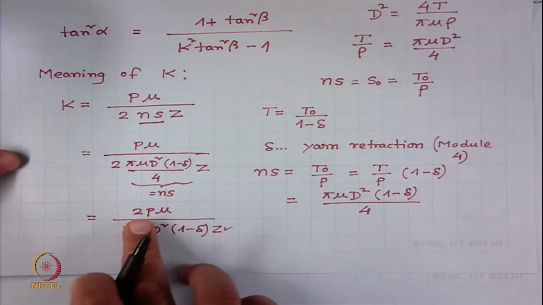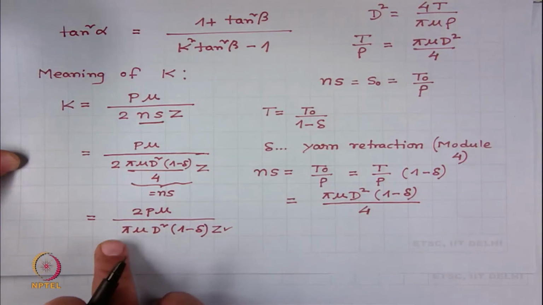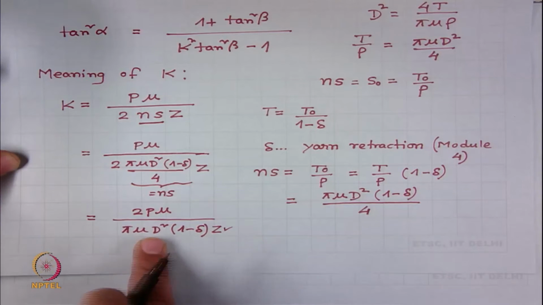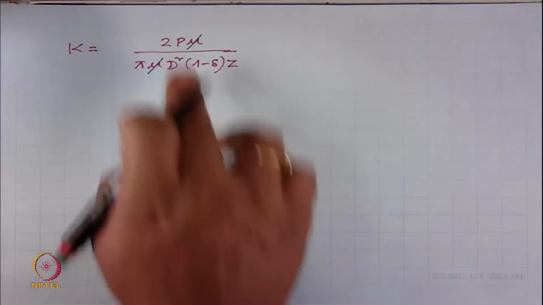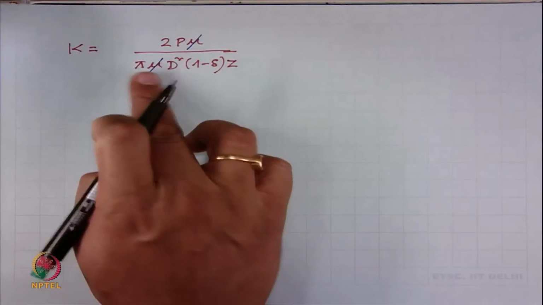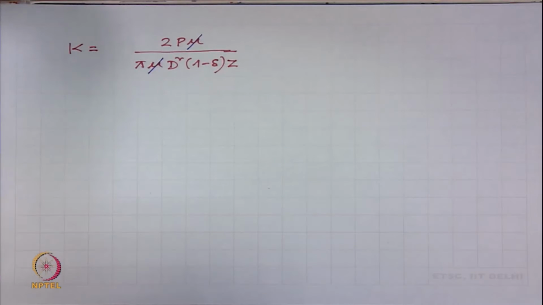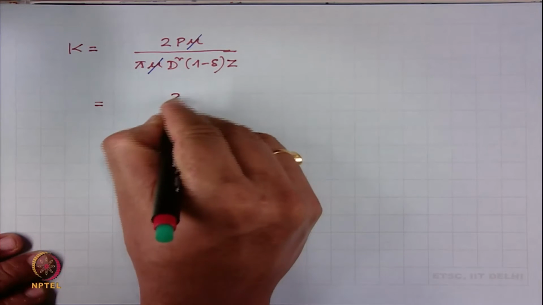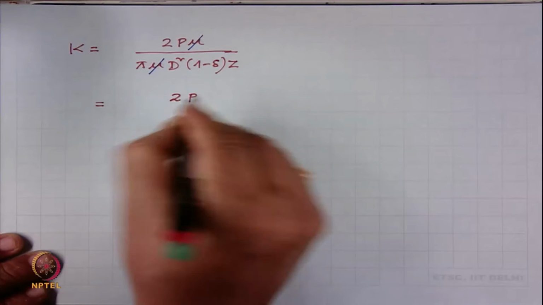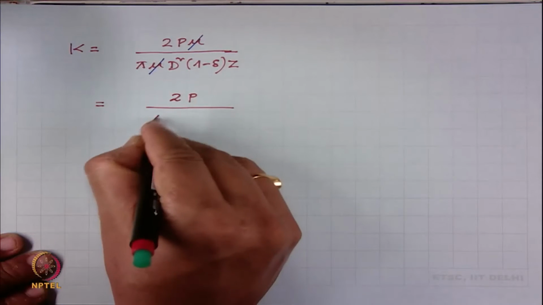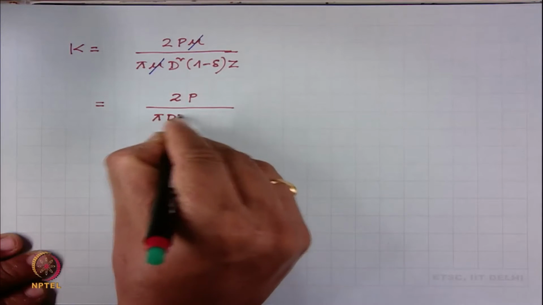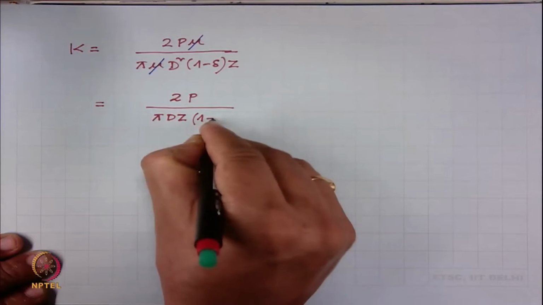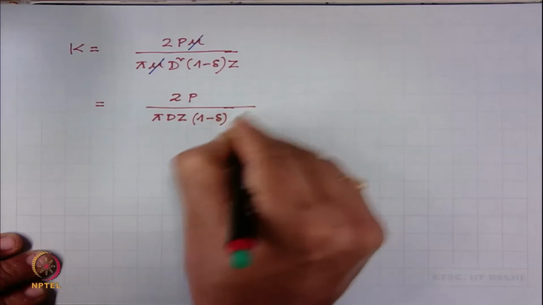So, 2 p mu over pi mu d square, 1 minus retraction, into Z. This we can further write as 2 p pi d Z over pi d square, 1 minus retraction.